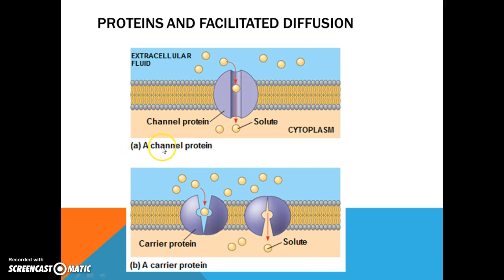Some examples of the channel proteins would be those aquaporins for water to move through, and also proteins specific to various molecules or ions. Some channel proteins have gated channels or ion channels that open and close in response to a stimulus.